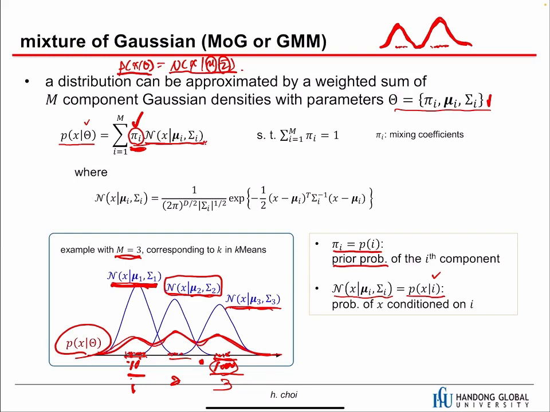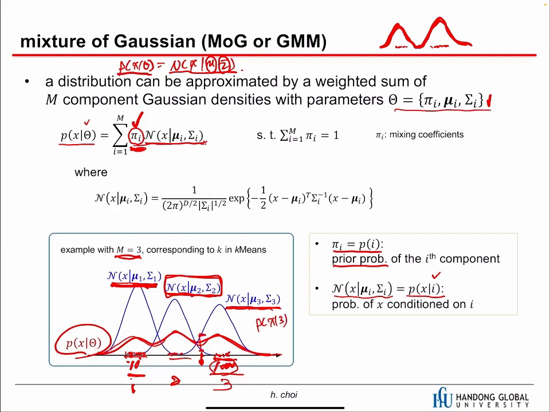How likely is this distribution to generate this point? Quite small, but still there is probability here. It's not 0, okay? And this one, p of x given 3, is quite high.